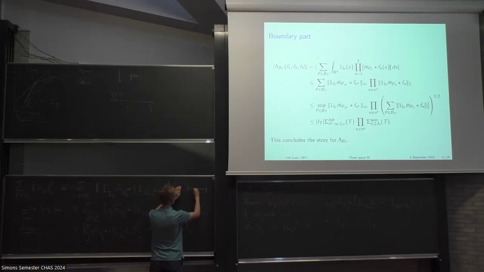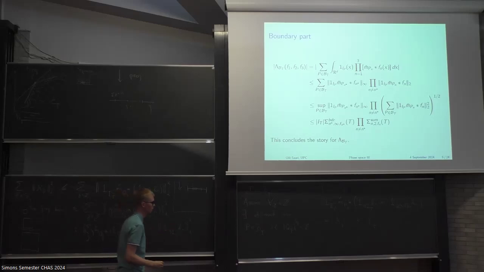So the intervals that are relevant are well inside this thing, and I'm looking at points here. So I can pull some decay from this guy, and this decay is enough to sum up. So that's how this easier part looks.